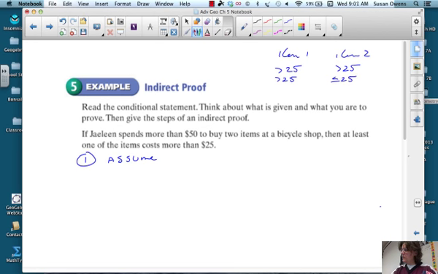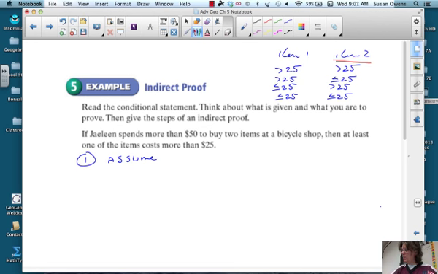I could also have this one be less than or equal to 25 and this one be greater than 25. Or I can have them both be less than or equal to 25.